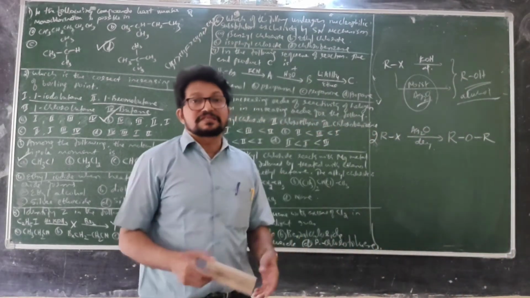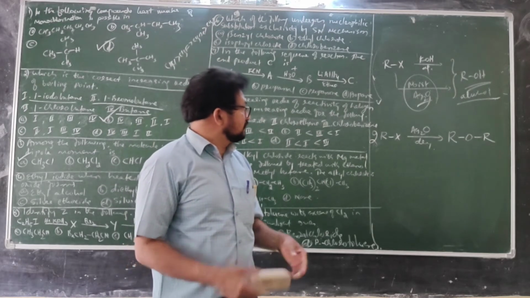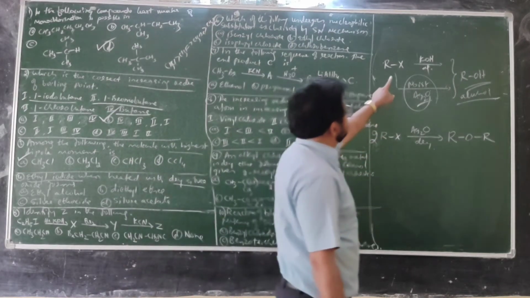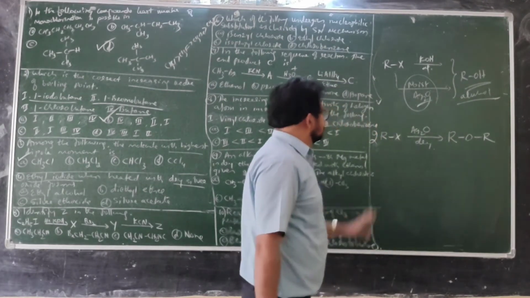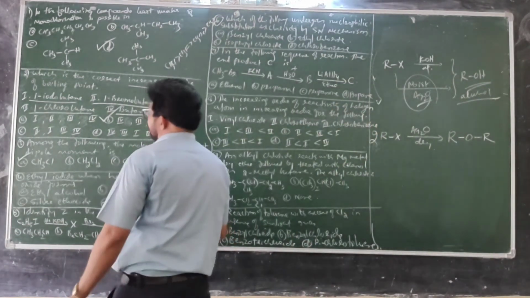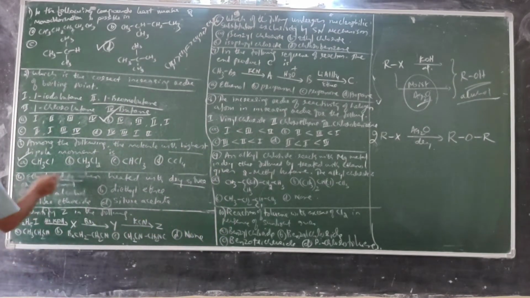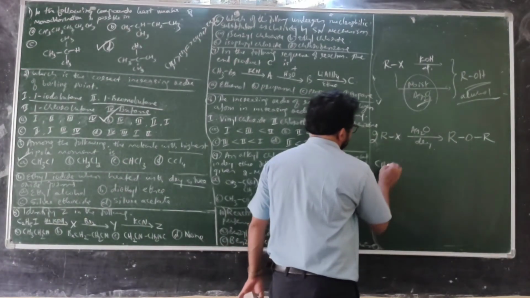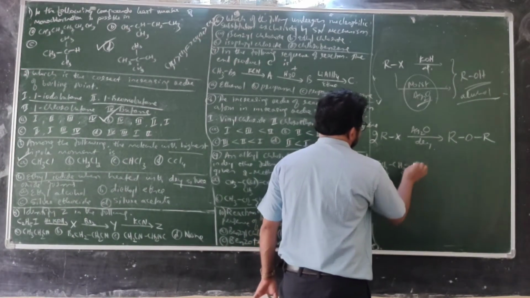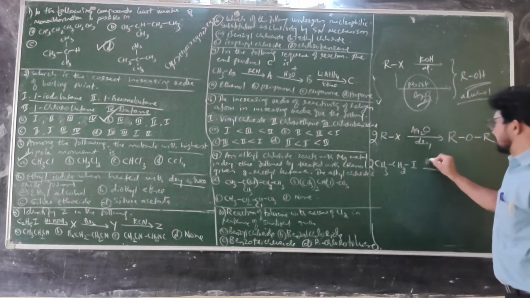So please notice, this is one of the very important reactions. Dry silver oxide gives ether and not haloalkane. So here I have given an example. Ethyl iodide you are using. Same equation, if you write CH3CH2I, two molecules, what is the product?